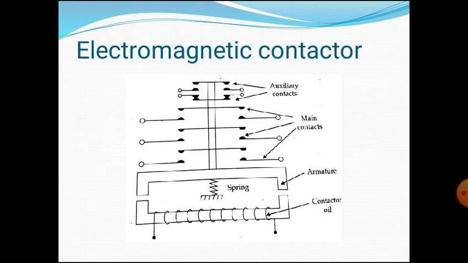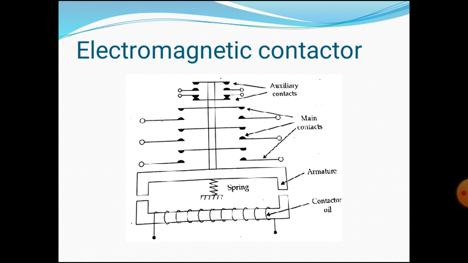Next is electromagnetic contactor. Electromagnetic contactor consists of auxiliary contacts which are used in control circuit, and it also consists of three main contacts which are used for switching on and off the power circuit.